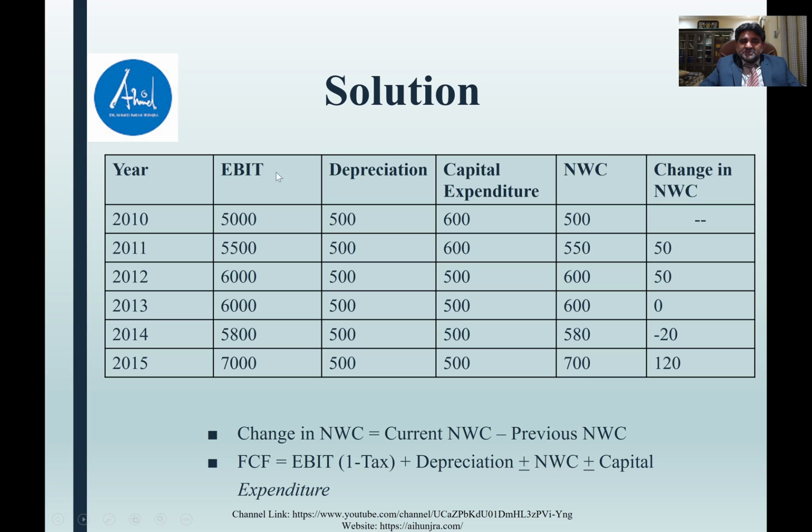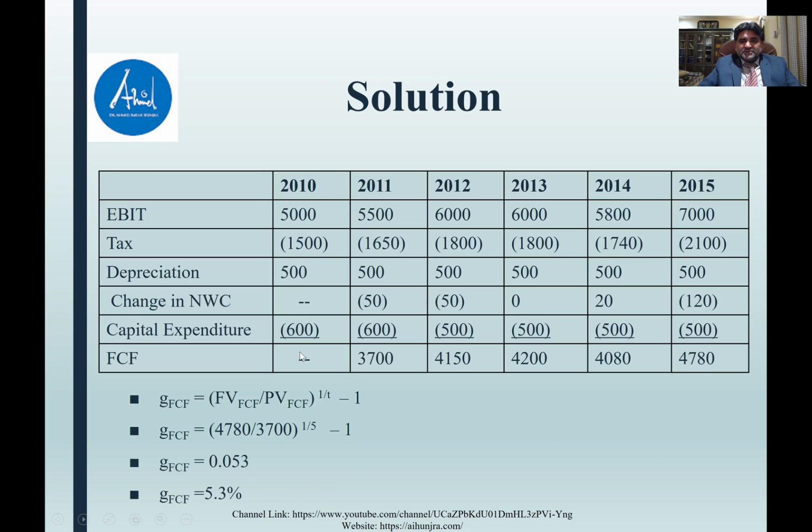We place these components in rows, and the years will be in columns. In the next slide, we transform EBIT of 2010, 5000, 2011, 5050, and so on. Same amounts, simply EBIT. That was in columns in the previous slide; here we are going to transform it into rows.